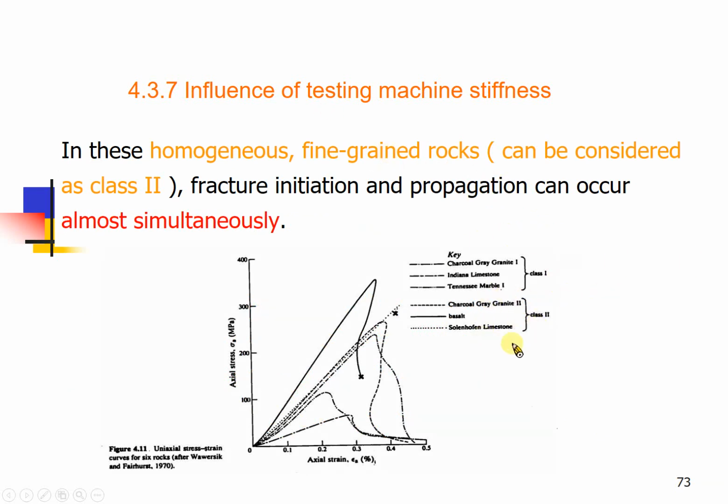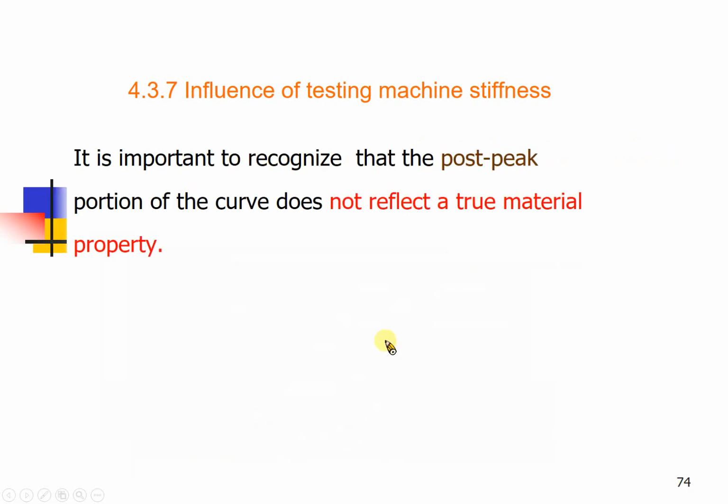Okay, so the class 2, this one, will be homogeneous fine-grained rocks, like some basalt will be kind of fine-grained rock, because they don't really have the time to crystallize. You know, basalt will be the very fast cooling process. So this will be the so-called fine-grained rocks. You will have the stress strain curves like this. So it will be related to the lithology.